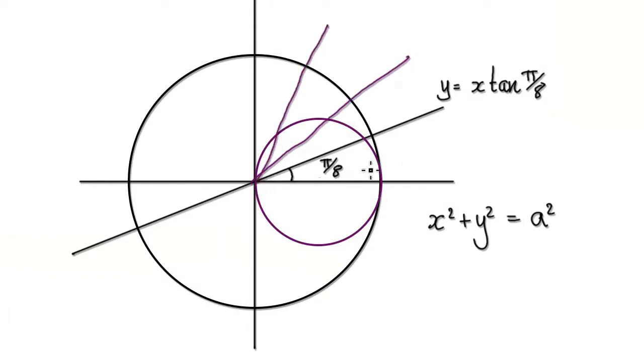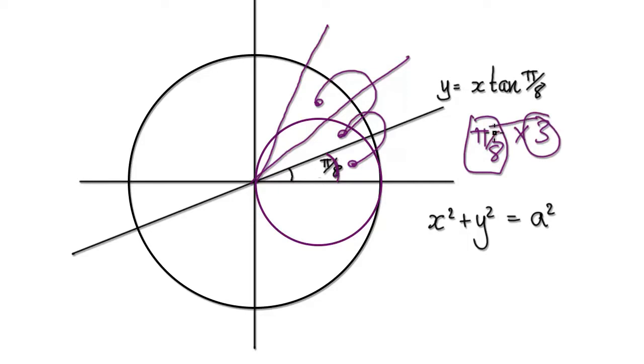This angle here is pi over 8, and then you just make a copy of it 3 times. 1, 2, 3. So just times this by 3. You're multiplying a fraction, so it gets multiplied to the top. So that would be 3 pi over 8. This angle here is 3 pi over 8.